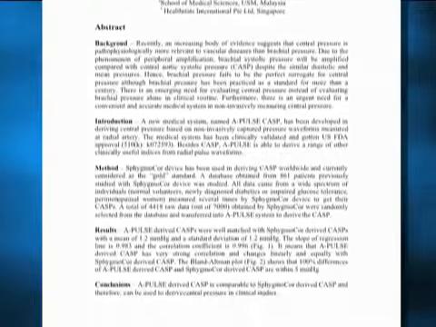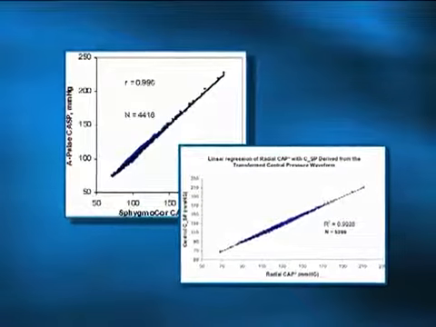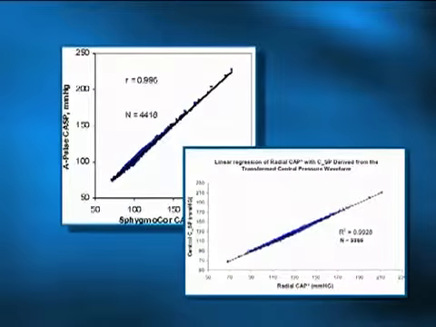We have done a comparison between the gold standard and our central pressure, and the accuracy is as close as 0.996. Can you imagine that with 10,000 patient waveforms we can get that kind of close accuracy?